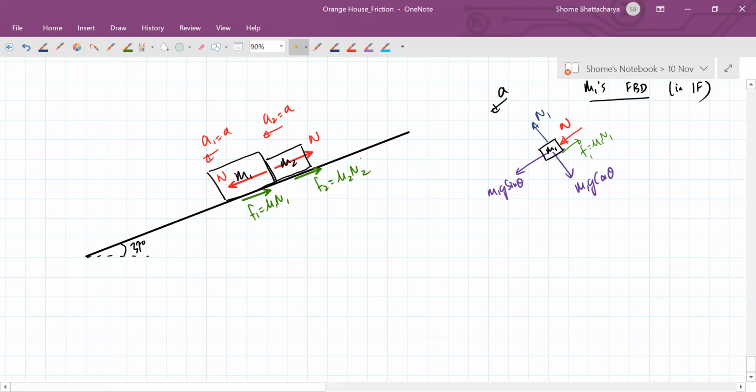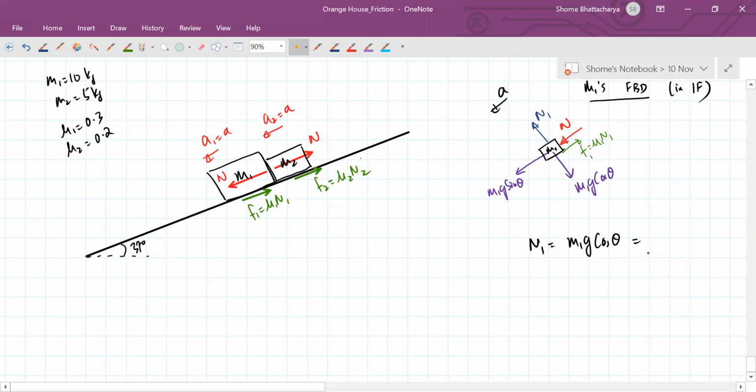So what are the equations I'll write? N1 is equal to m1g cos theta. Now m1 was 10 kilograms, m2 was 5 kilograms, mu1 was 0.3, mu2 was 0.2.